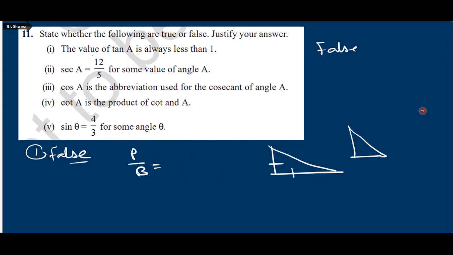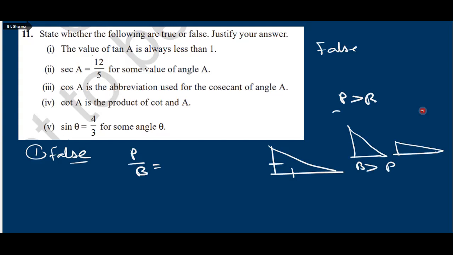The perpendicular can be greater than the base and the base can be greater than the perpendicular. अगर perpendicular base से ज्यादा होता है तो the value will be greater than 1. If base is greater than perpendicular, then the value can be less than 1.